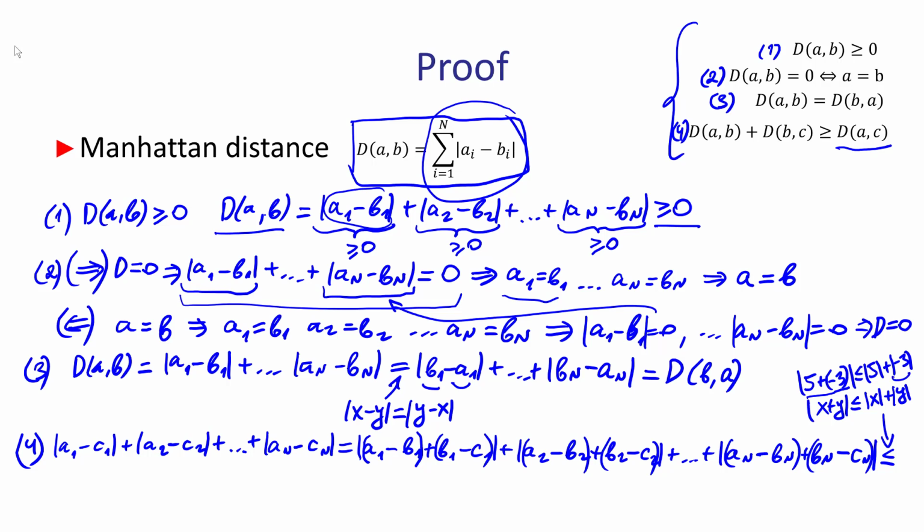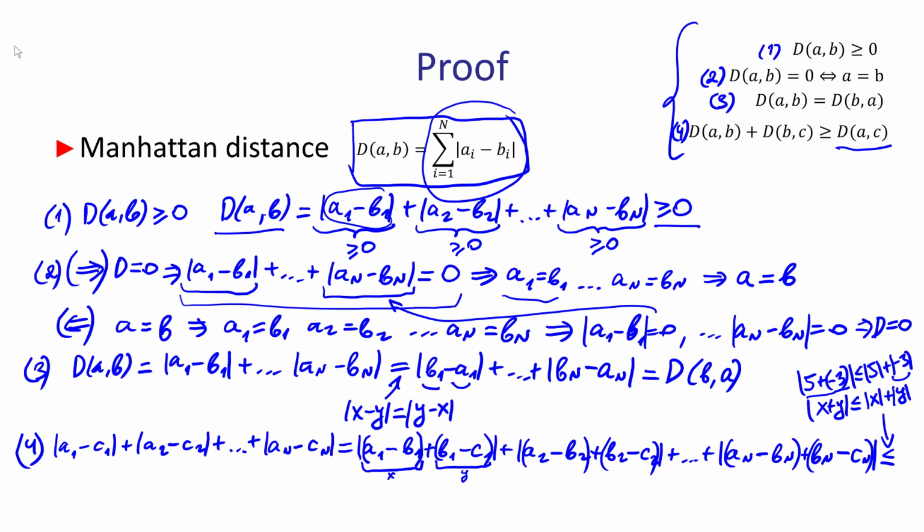Now, pay attention to what I'm trying to do here. I'm trying to divide that into two parts, that part and that part. So this will be my x number and this will be my y number in that inequality. Now, pay attention that a1 and b1 are scalars, so this is an actual number, and b1 and c1 are also numbers, so y is a number.